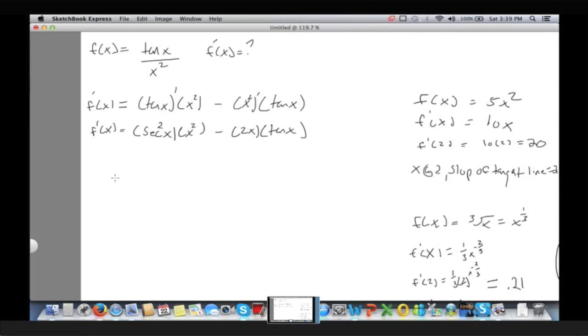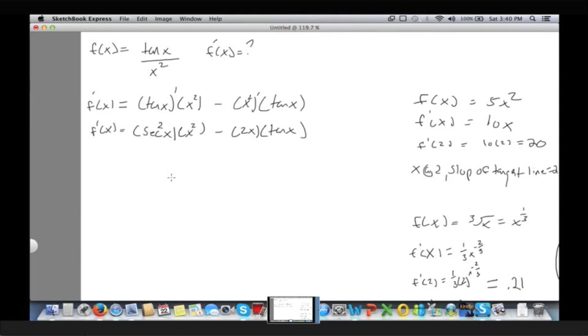Done? Yep. So what's the name of the rule that you used in your second line? That's the quotient rule? That's right.